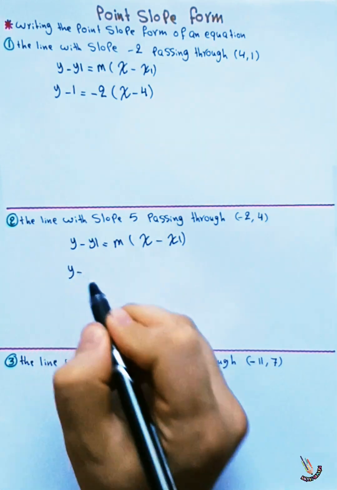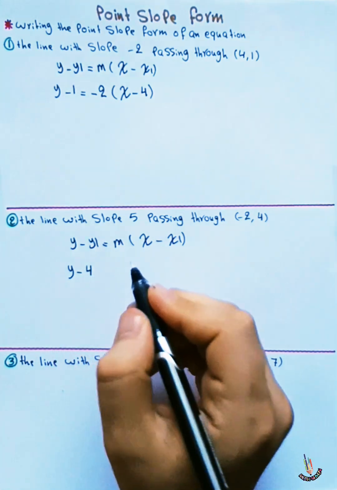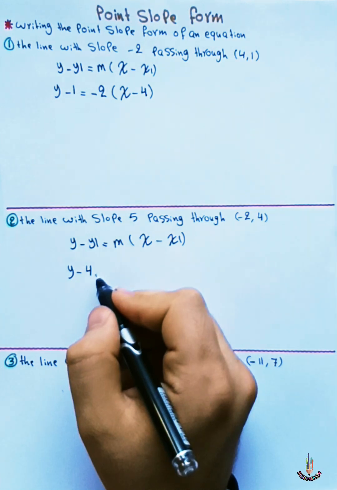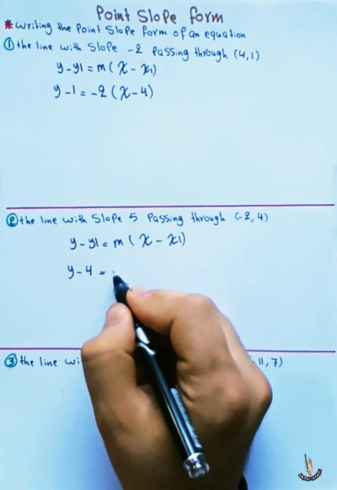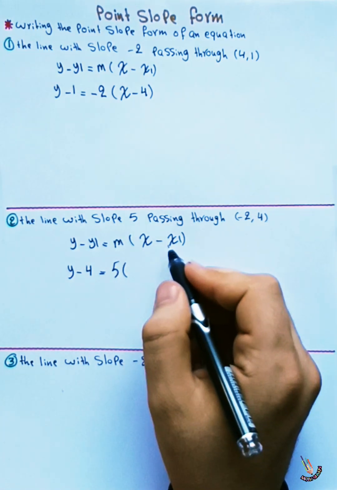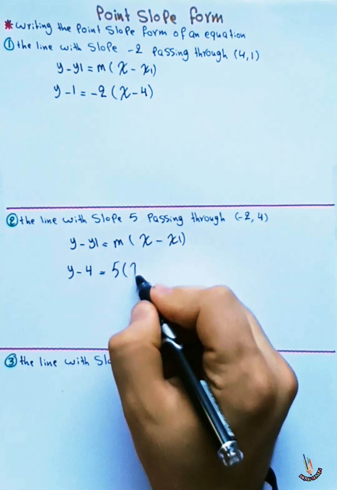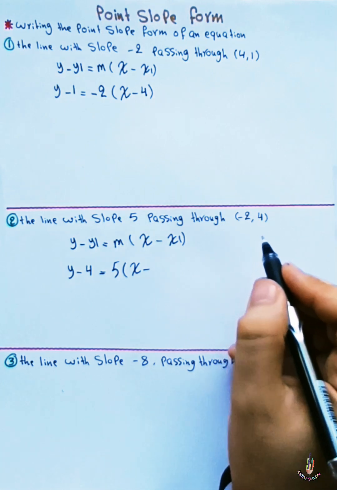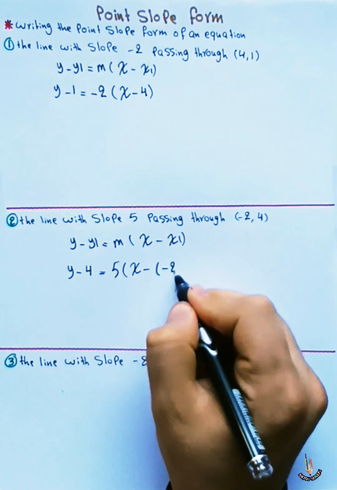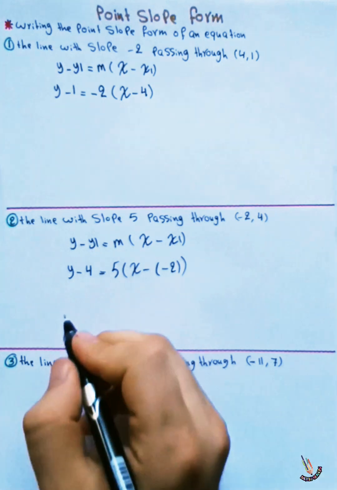So y1 is positive 4, so it doesn't need to change anything: y minus 4 equal to, the slope is 5, times (x minus x1). x1 is negative 2, so we write x minus negative 2, which is x plus 2.